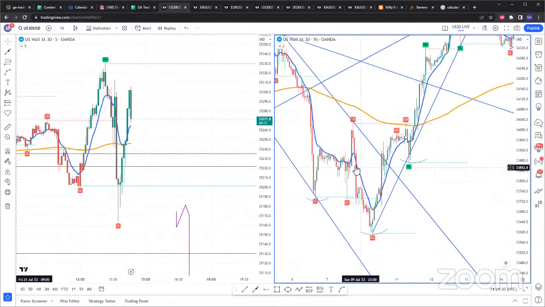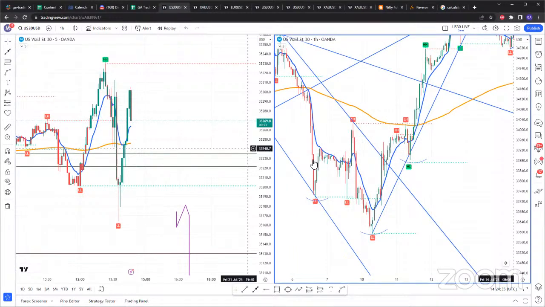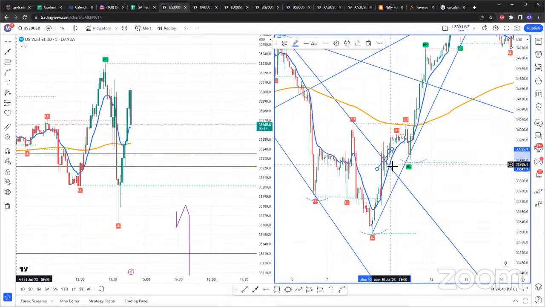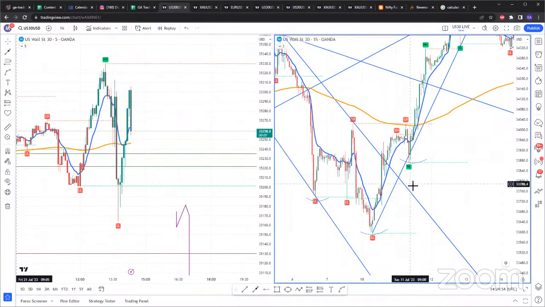So that's one green flag. If I was expecting a reversal for US 30 here, normally if you draw trend lines, for you to consider any buy on US 30, you would need US 30 to break away from this trend line right here. When this happened, I saw, okay, we are possibly turning to a bullish zone, or the momentum is possibly turning bullish.